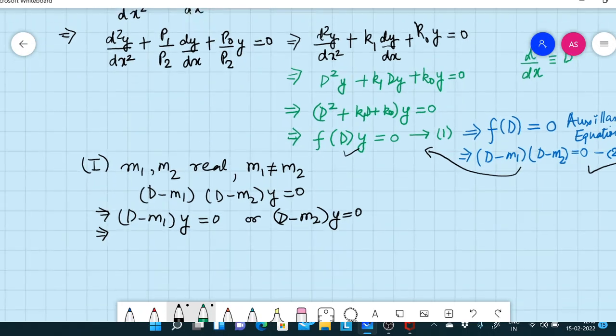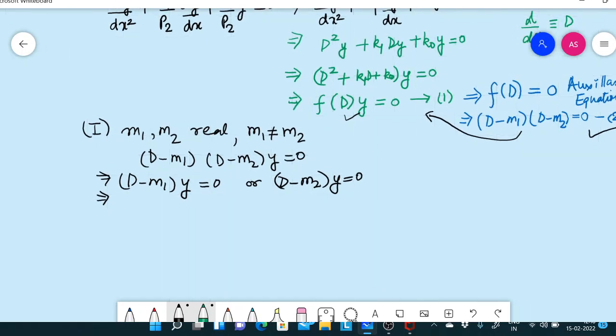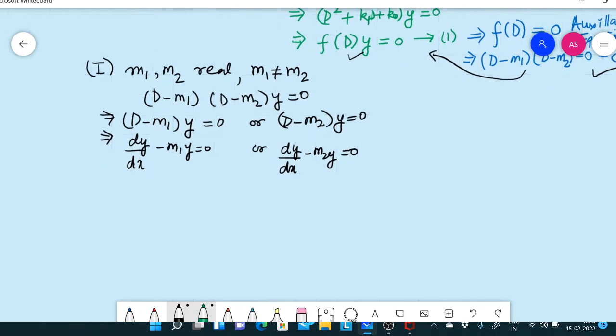Both these two equations are first order differential equations. We can easily solve these equations.